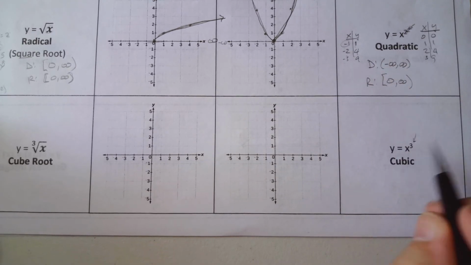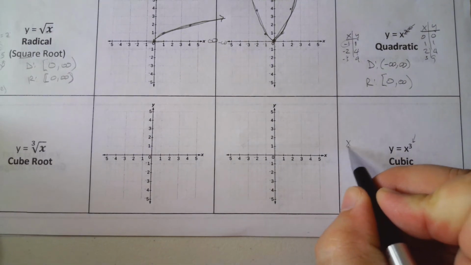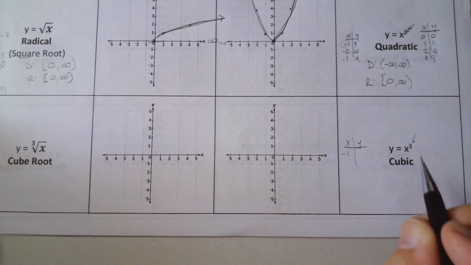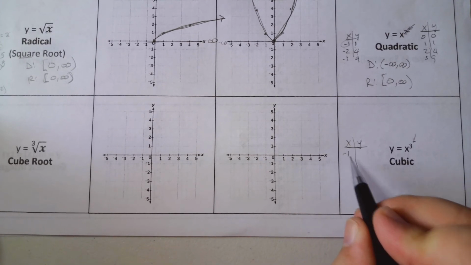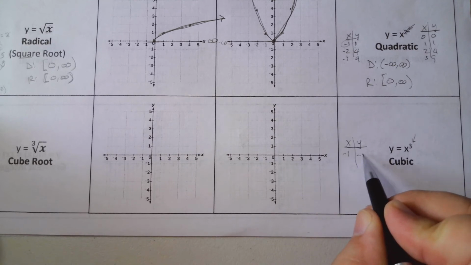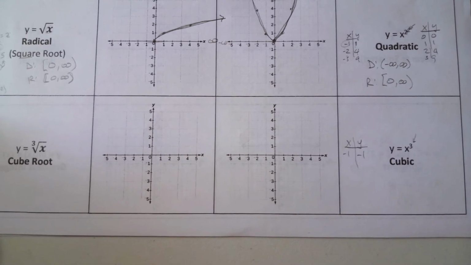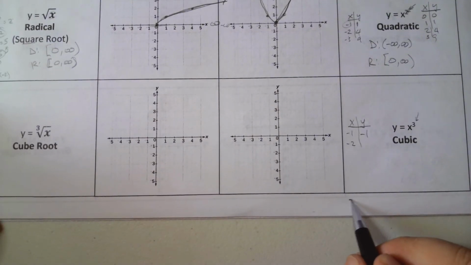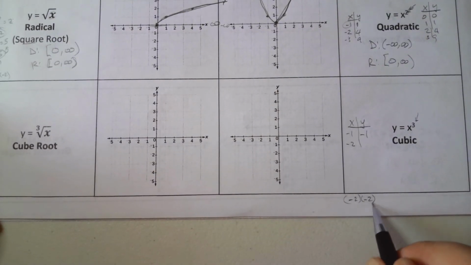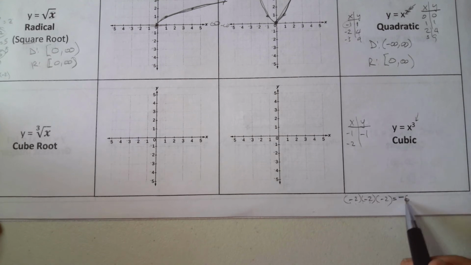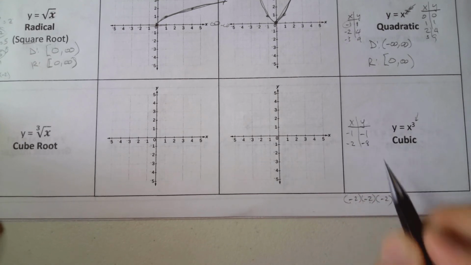But when we have an odd exponent, negative 1 times negative 1 is positive 1, times negative 1 is negative 1. Negative 2 times negative 2 times negative 2. 1, 2, there's 3 negatives, so the answer is negative. 2, 4, 8. So it's negative 8.